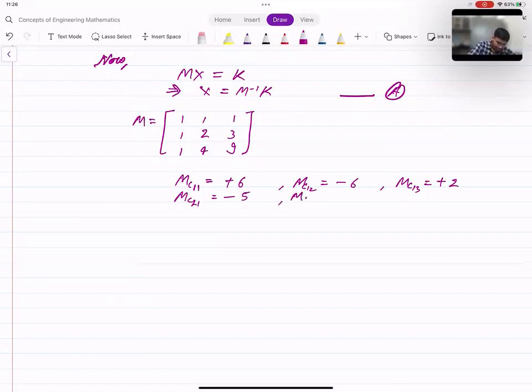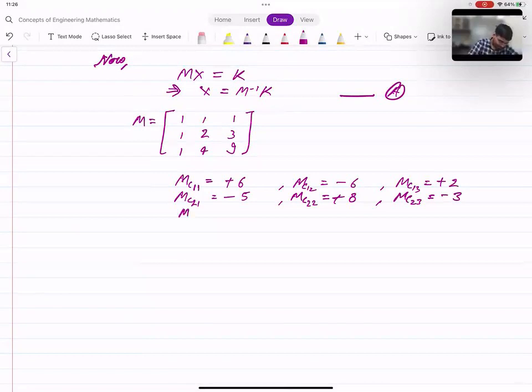Then MC22 will be positive of 9 minus 1, which is 8. And then we have MC23 as negative of 3 minus 1, which is 2.